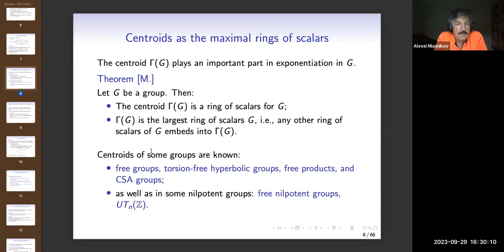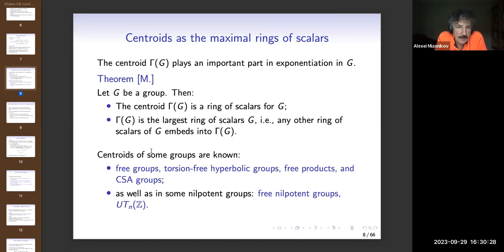So gamma of G is the largest ring of scalars. Of course, it's faithful. And we know where we can look for maximal rings of scalars.